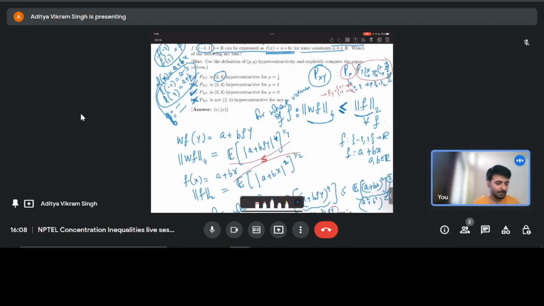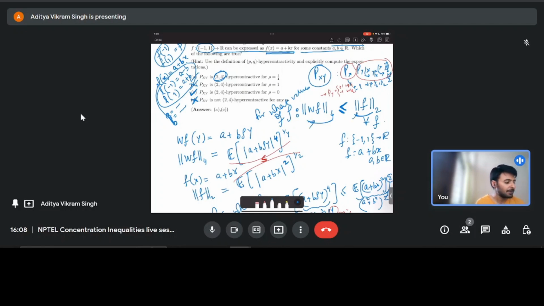Okay. So I hope this discussion makes it somewhat clear what hypercontractivity is. And this question was to make you explicitly compute what 2-to-4 hypercontractivity is. So for some values of rho, (X, Y) is not 2-to-4 hypercontractive, and for some values of rho, it is 2-to-4 hypercontractive. And we saw that by explicitly calculating the expectations of f.